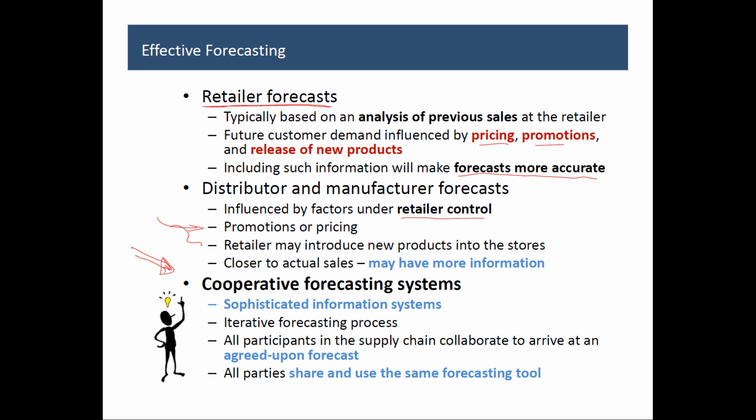So a good idea, in order to share all this information, would be to set up a cooperative forecasting system where the retailer would share his information about the end customer demand, and there could be some highly sophisticated iterative forecasting methods implemented in this kind of system, where all the participants could collaborate, giving their information about their forecast, and then agree upon a collaborative forecast instead of each of the partners making his own.